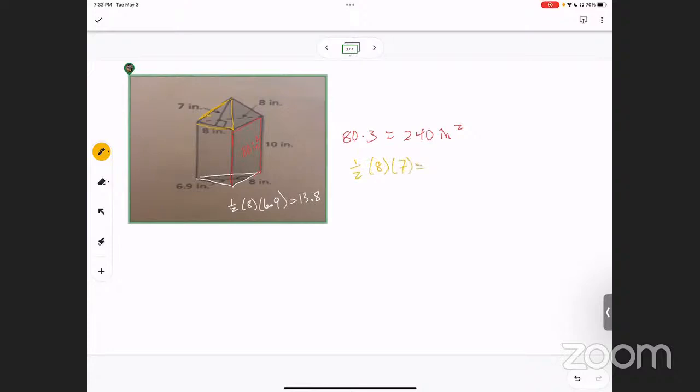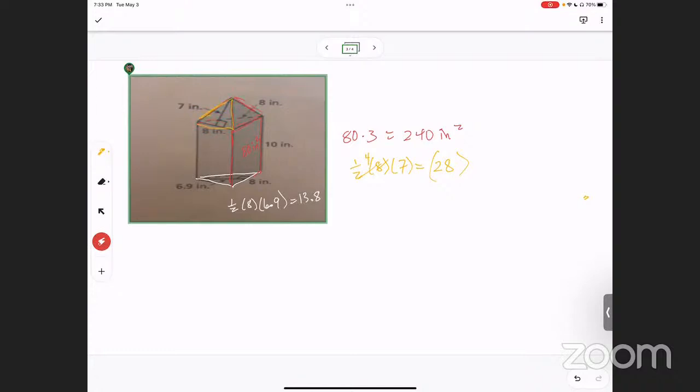Good. And that turns into 4 times 7, which I think I heard you doing before. So that's what, 28? But then I have to multiply that by what? 3 or 6. Well, how many of those shapes are there? Well, there's 6, right? Nope. There's 1. So then there's 3.